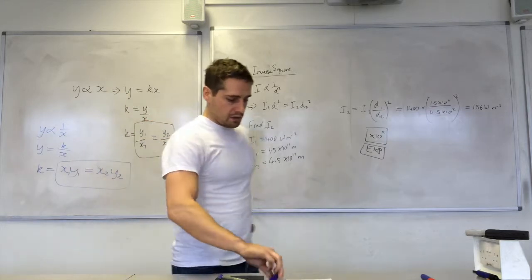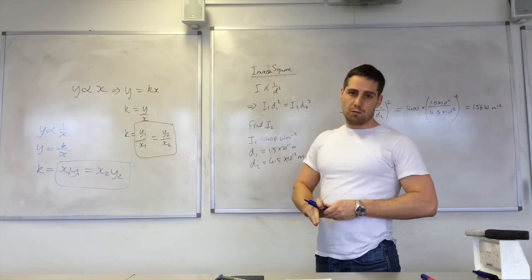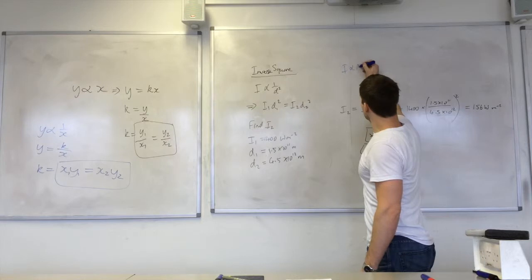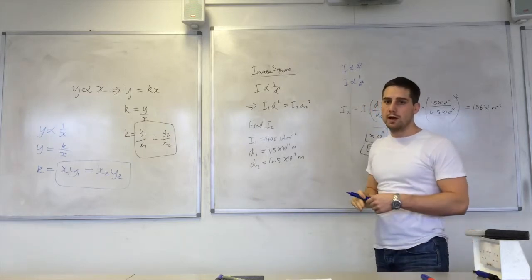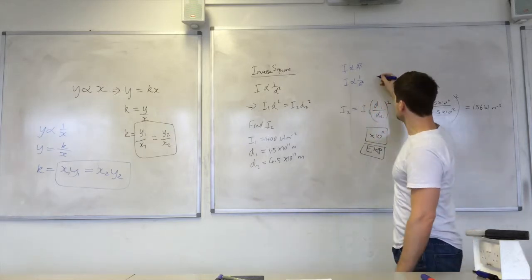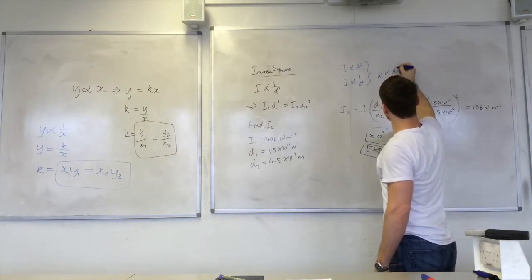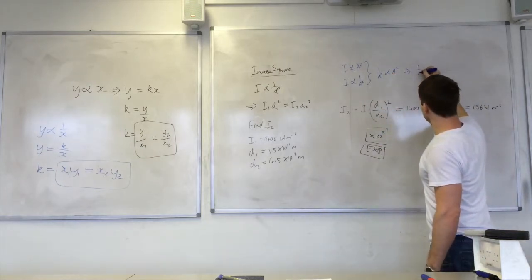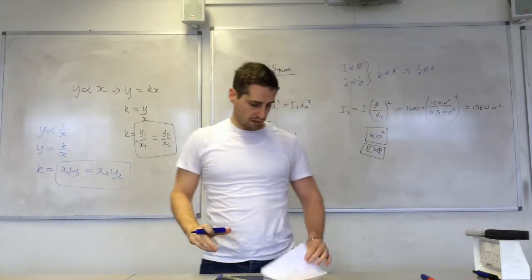Last thing I wanted to say was that it is possible to combine relationships to form new proportional relationships based on some that you know. If I is proportional to A squared and I is also proportional to 1 over d squared, then 1 over d squared is proportional to A squared, and 1 over d is proportional to the amplitude. So you can combine your relationships in that way.